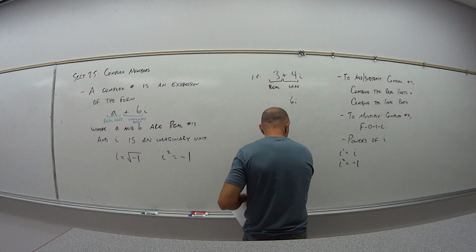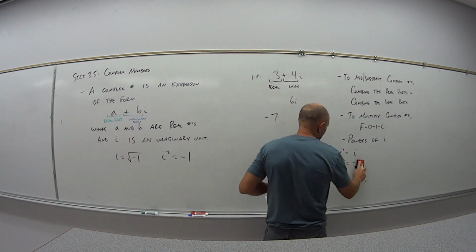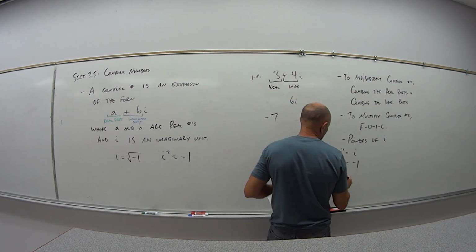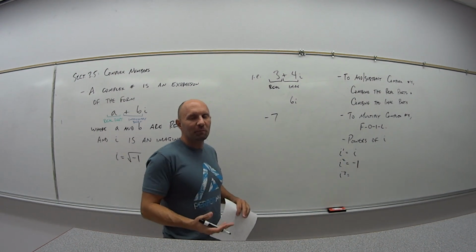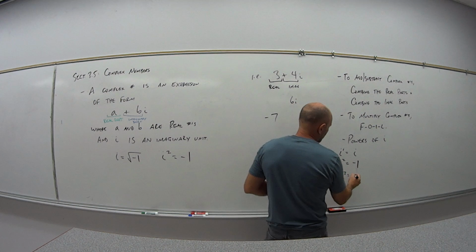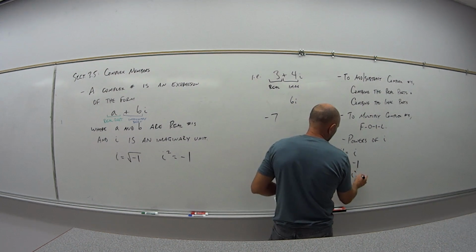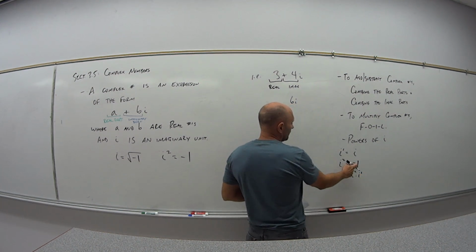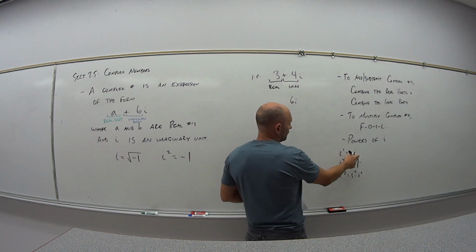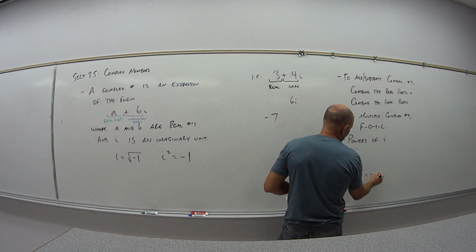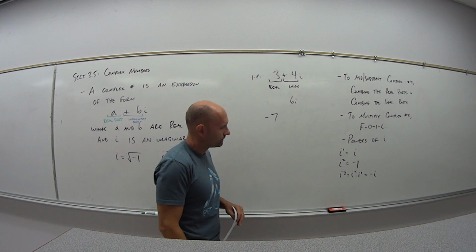How about i to the third? Using my exponent rules, i to the third is i squared times i to the first. So i squared is negative 1 times i to the first, which is i. So this is negative i.